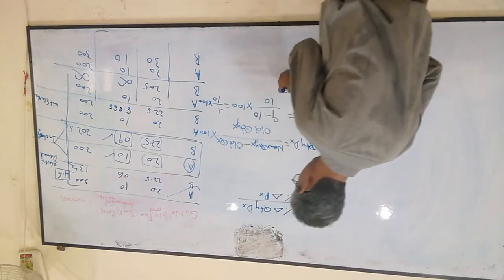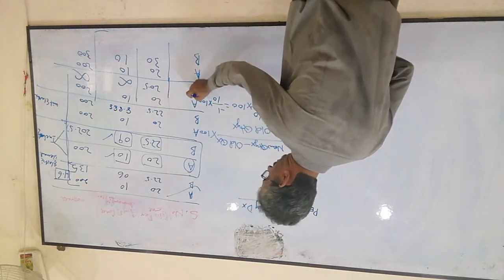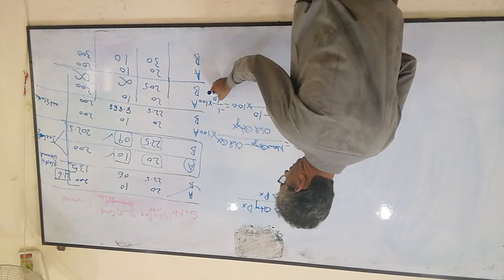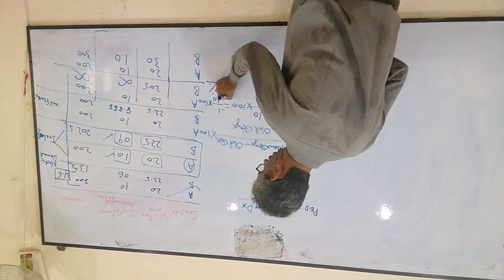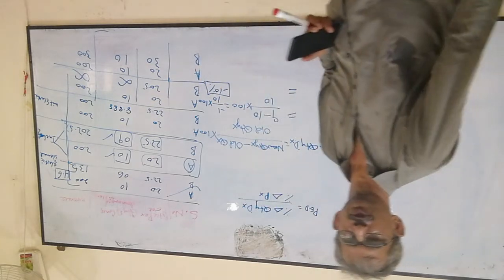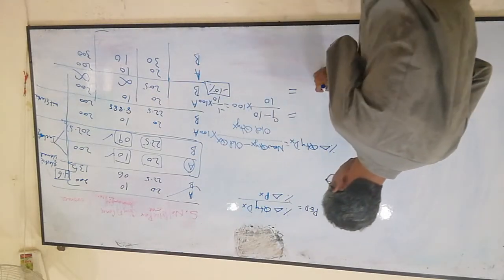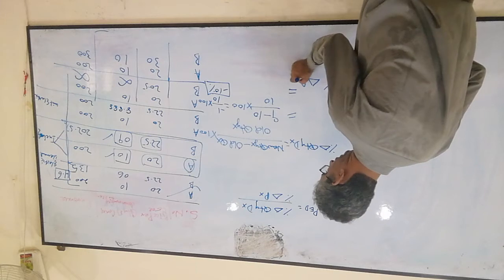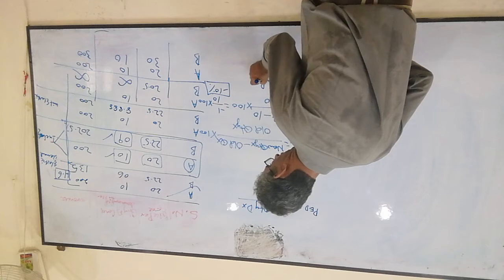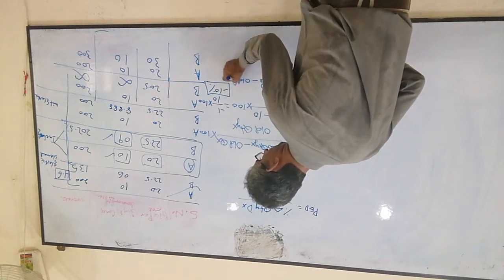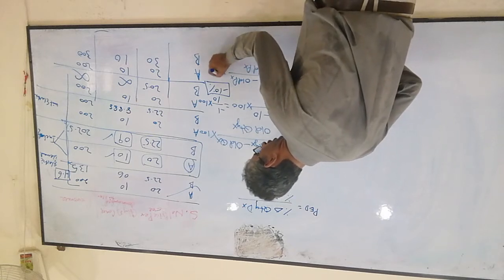So we have a minus 10% change in the quantity demanded. Now the percentage change in price of X is the new price of X minus the old price of X, divided by the old price of X, into 100.